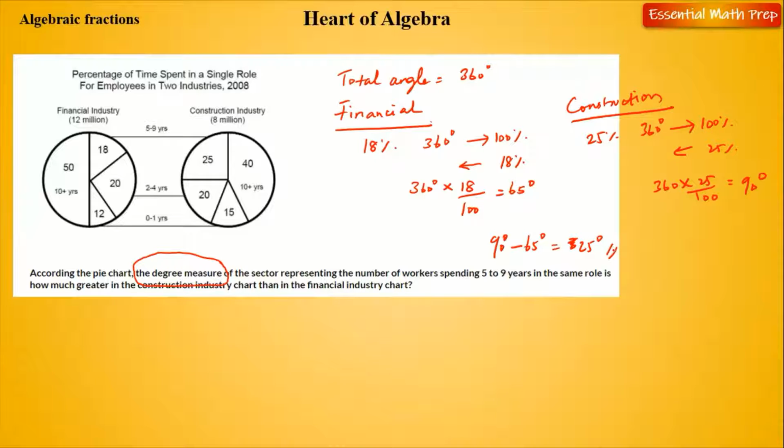Now, you would be wondering, why did I not even touch the employee count, which is in millions, okay? Because the question is not asking about people count. It's asking about a degree measure. If you think of each pie chart as actually a real pizza, then what the question is asking is, one person's getting a bigger slice and the other person's getting a smaller slice.